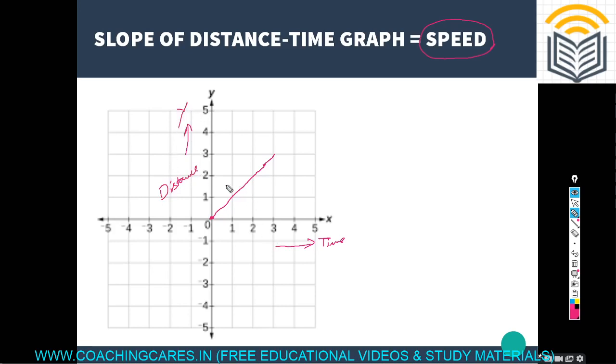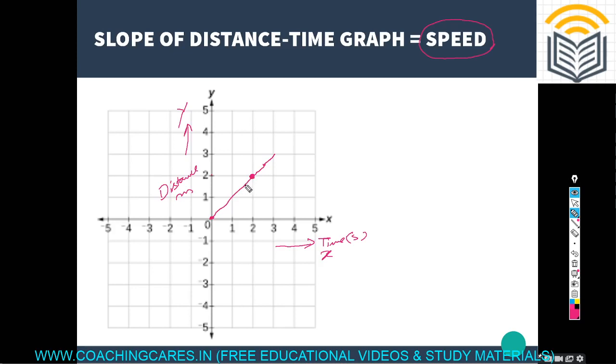This is the y-axis and this is the x-axis. So we are getting this graph. Suppose this is the initial position and this is the final position we are assuming. At the final position, after 2 seconds, suppose we are taking it in 2 seconds, and the distance is coming in meters. So after 2 seconds it is moving 2 meters. So that's why this graph is a straight line.